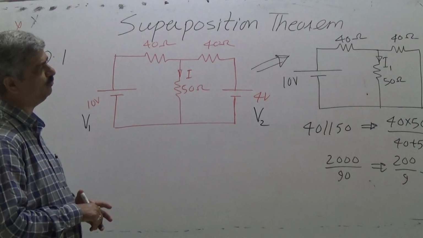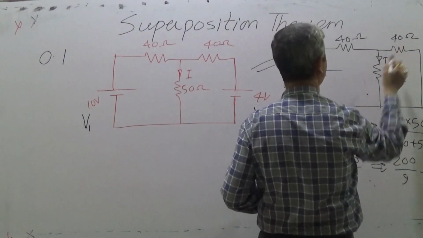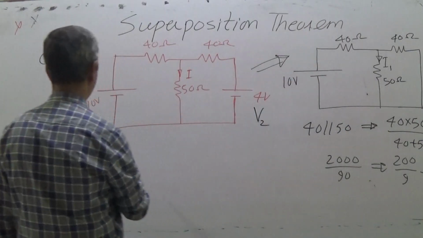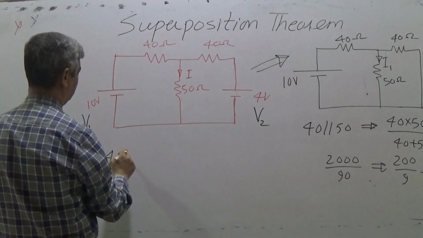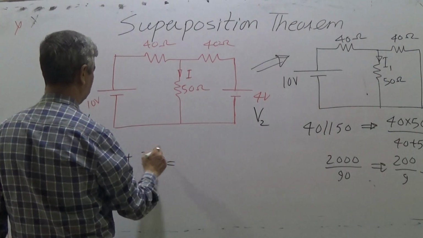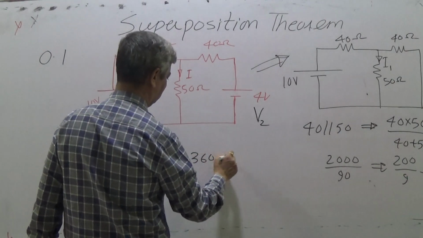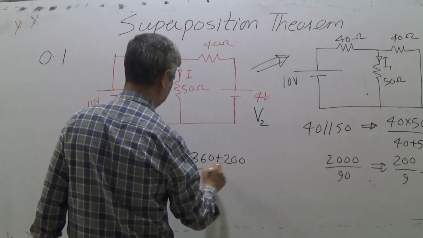So this is 200 by 9 ohms. So this 40 and this 200 by 9 ohms will be in series. So total resistance would be 40 plus 200 by 9, that is equal to 360 by 9 ohms. It's simple high school level calculation.